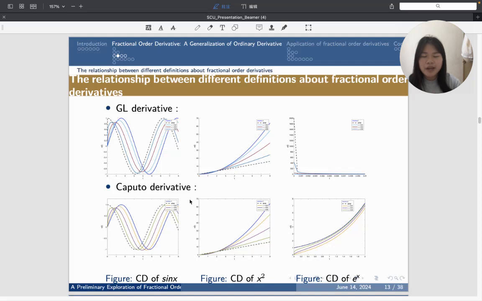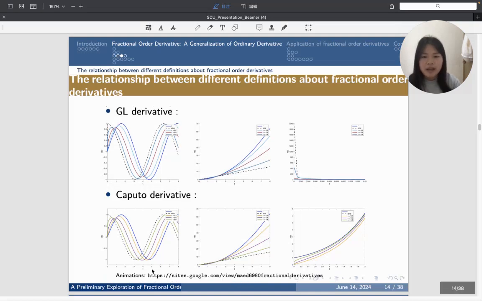From the figures, we can see that these two derivatives perform very well on sine x and x squared. But as for exponential x, as we expect, the fractional order derivative of exponential x should still be itself. But in this case, these two derivatives do not match.